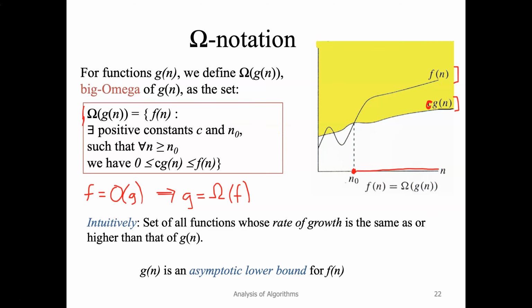So intuitively, big omega is the set of functions whose rate of growth is the same as or higher than g of n, which makes g of n an asymptotic lower bound for f of n.